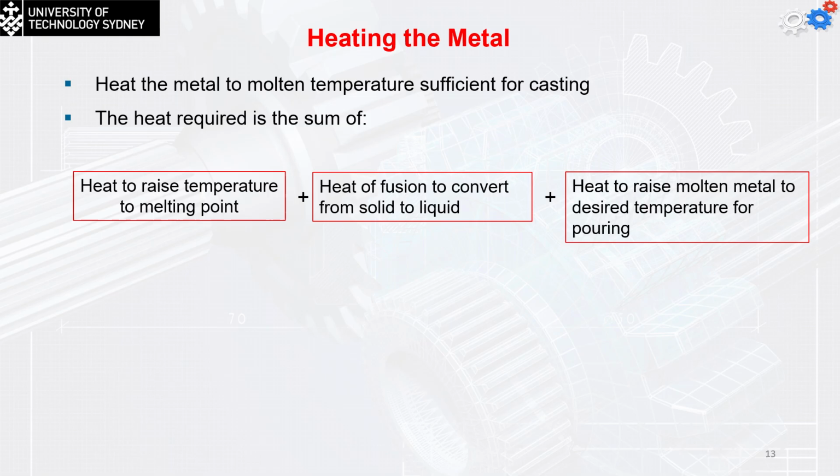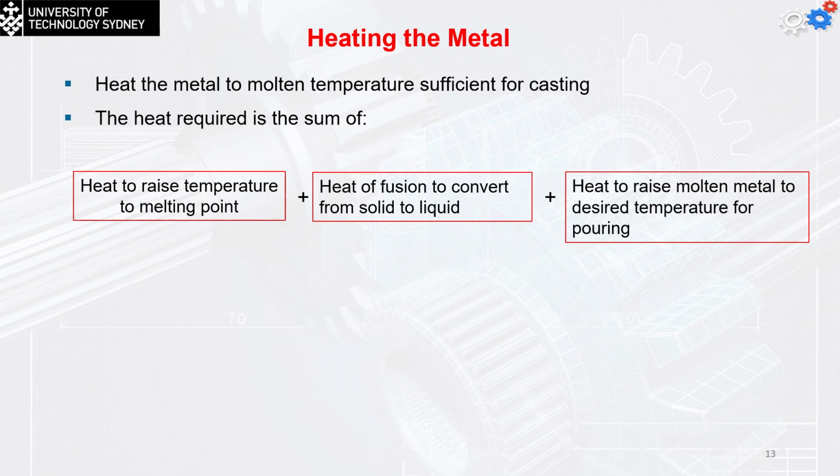Now, heating the metal. We know that we have a melting temperature for every metal. So the heating of the metal is to melt it to a temperature sufficient for the casting. The heat required is going to be the sum of, first, the heat to raise the temperature to the melting point. But that's not going to be enough to melt the metal.